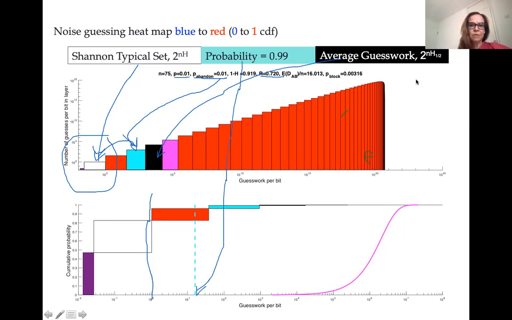So again, blue means 0, red means close to 1. What we can see is a behavior which indicates that with very few guesses, I am basically able to get an already very good probability of error.